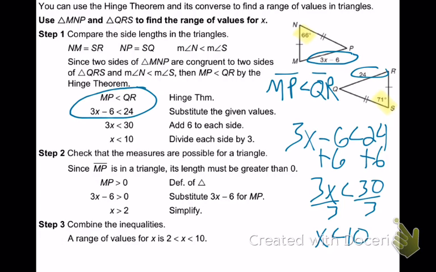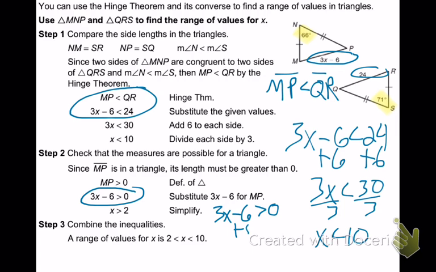That's your answer? That's half of my answer, because it can't be anything less than 10. In order for a side to exist, what's it have to be greater than? Has to be greater than 0. So I also just have to set that inequality greater than 0. So I say 3x minus 6 is greater than 0.